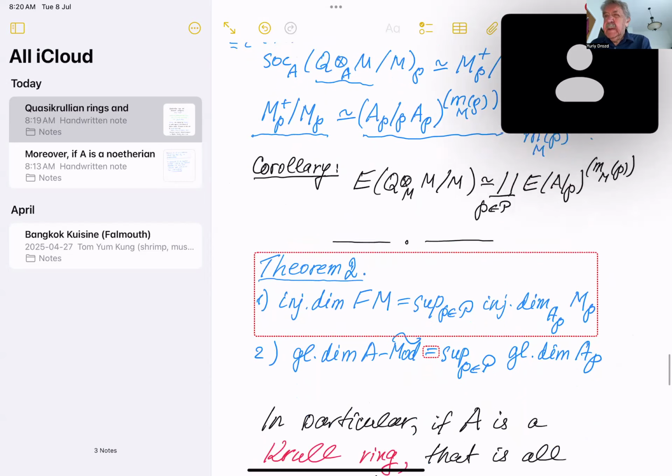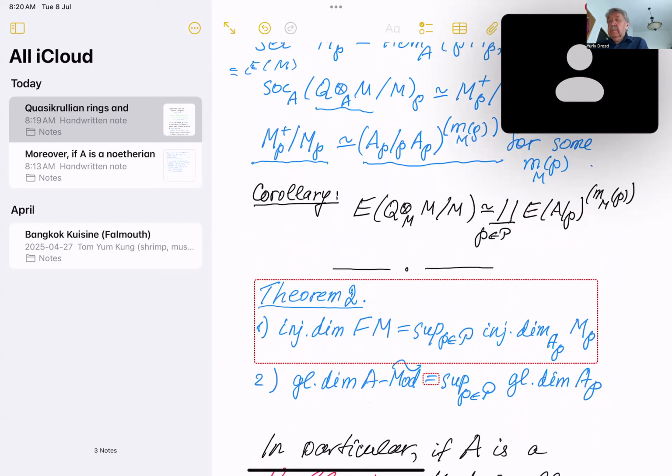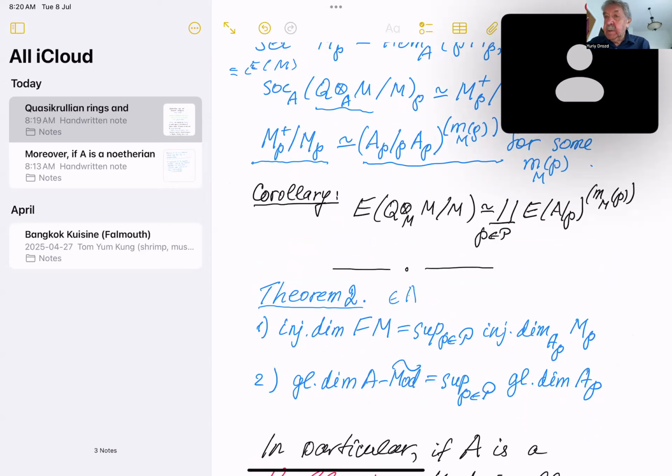Then we can prove the following thing, that the injective dimension of this element F_M in A mod tilde is equal to the supremum of injective dimensions of its localizations at P of height 1.